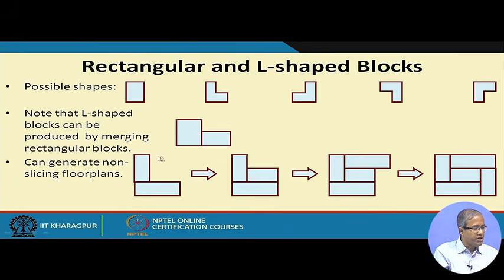And also, whenever you put the blocks in sequence one after the other, you can lead up to a situation as shown here, where you get a wheel kind of a structure, non-sliceable. So, although each block was a rectangle, as we move one after the other you go on connecting, at the end you might get a wheel kind of a structure. Okay.